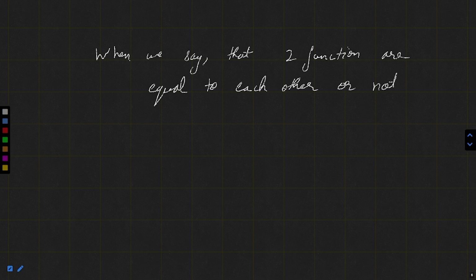For now, just keep this point in mind that whenever you can find some x such that f(x) is not equal to g(x).